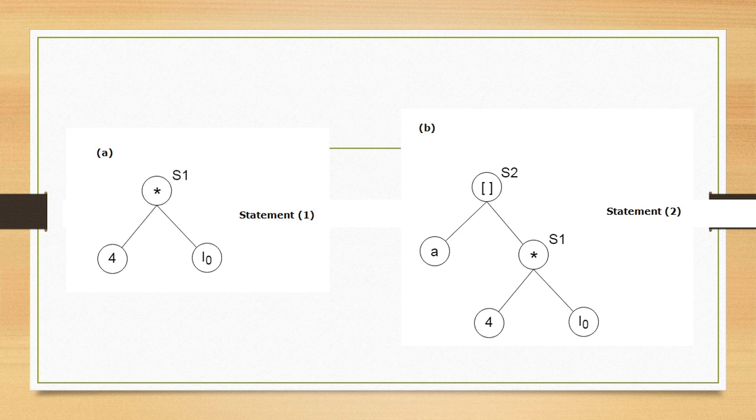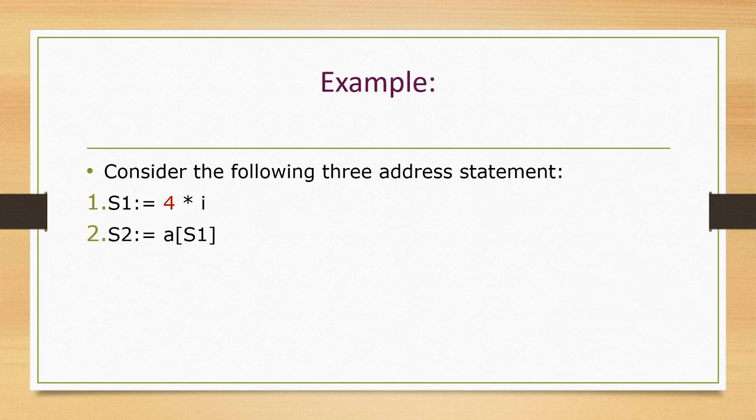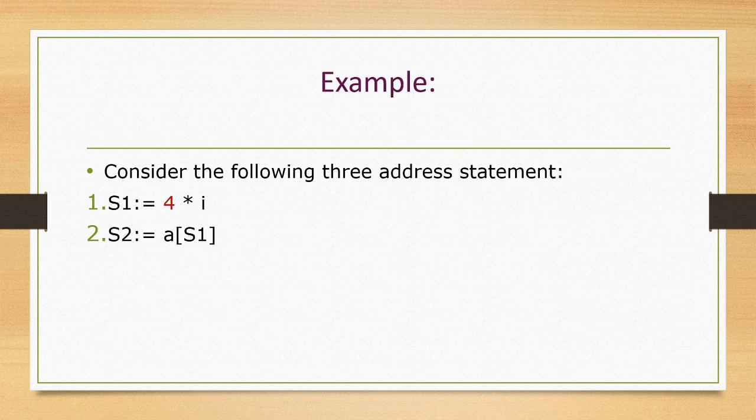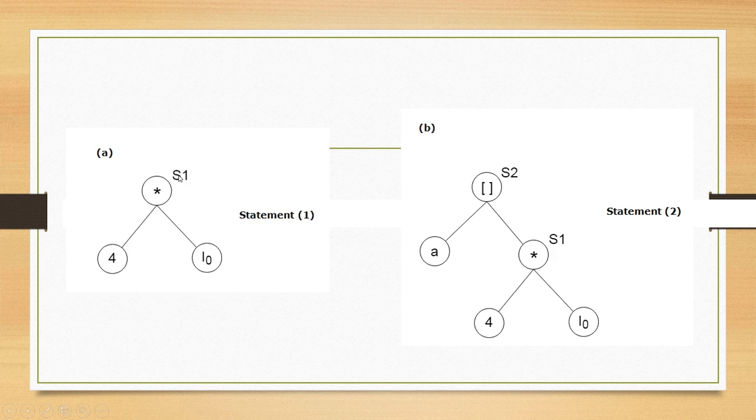The multiplication operator acts as the root node. This computed value is stored in S1, so in the operator part you have to mention S1. That means the computed value is stored in S1.